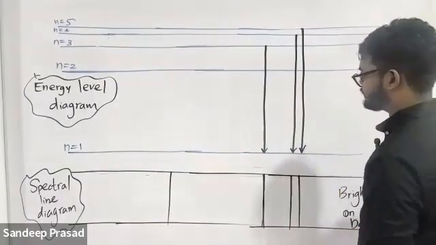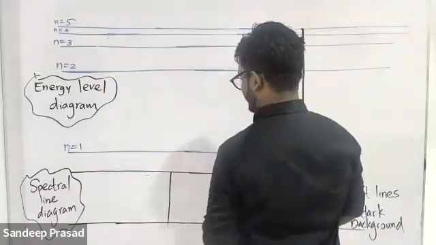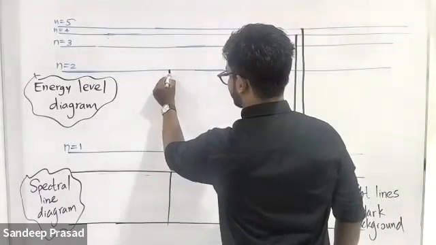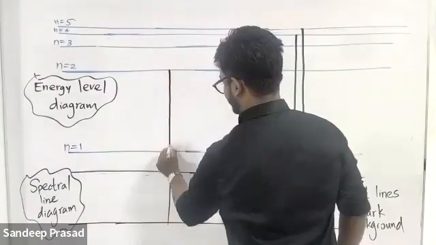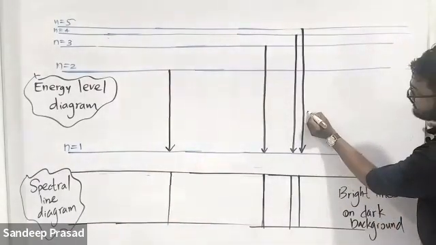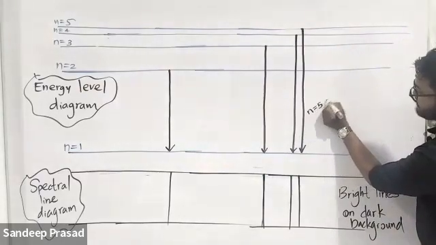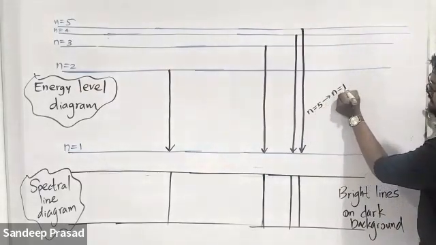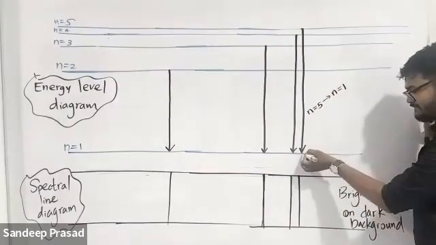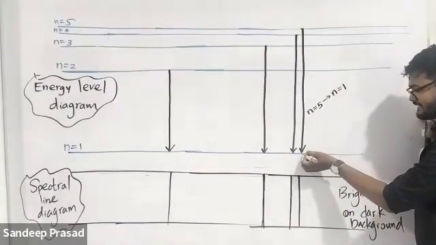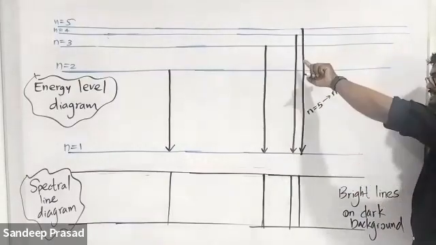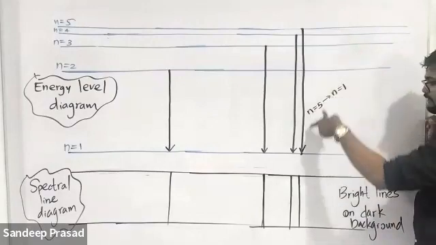First of all, look at this one. According to my spectral line diagram, this is the last line. That means electron transition from n equal 2 to n equal 1. You can see that this is the exact opposite of the previous one, right? In the previous absorption spectrum, we considered n equal 1 to n equal 5. Now here, only the direction is opposite: n equal 5 to n equal 1.